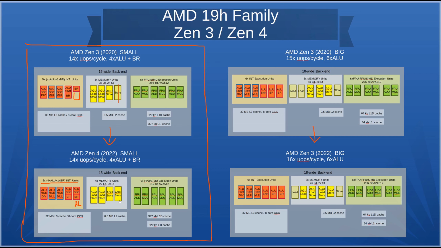And the biggest thing is actually here. I expect Zen 4 to have 512-bit wide memory. This is a huge thing. It can bring maybe another 20% in the floating point performance. In some optimized code, it will bring a lot of performance.